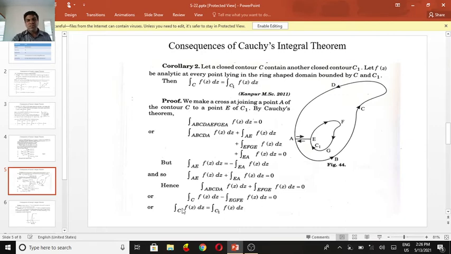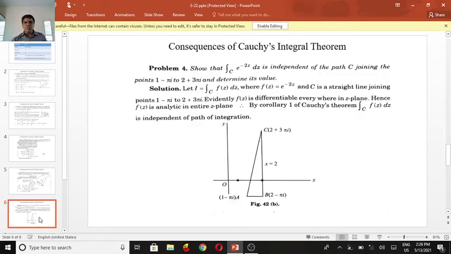And if we come to a simple problem regarding Cauchy's theorem: show that the integral over C of e^(-2z) dz is independent of the path C joining the point 1 minus pi i to 2 plus 3 pi i, and determine its value.